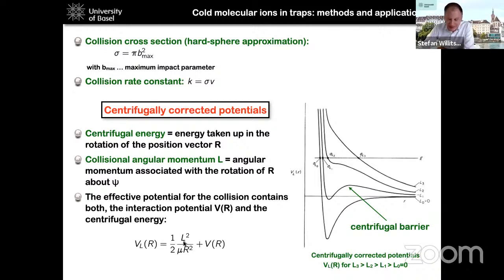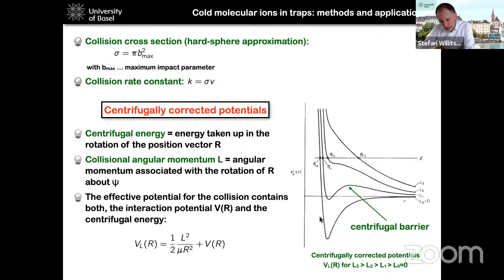However, if you look at the centrifugal part of the potential, then this is always positive, meaning repulsive, because all these quantities are always larger than zero. So this means that whenever we have centrifugal energy, it adds a repulsive component to the whole problem.